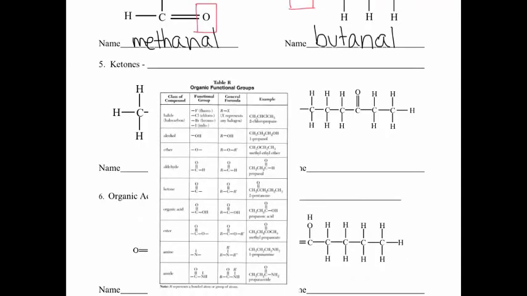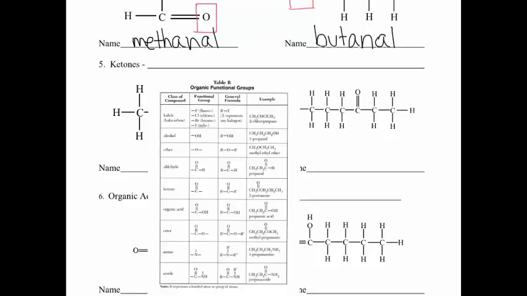All right. Next ones we're going to talk about are the ketones. They, again, also have a double bonded oxygen, but what's distinct about these is if you look here in the general formula, you have the R here and the R here. That means that there are carbons going off in either direction. They can be any length. But this carbon with the double bonded oxygen is somewhere on an internal carbon.